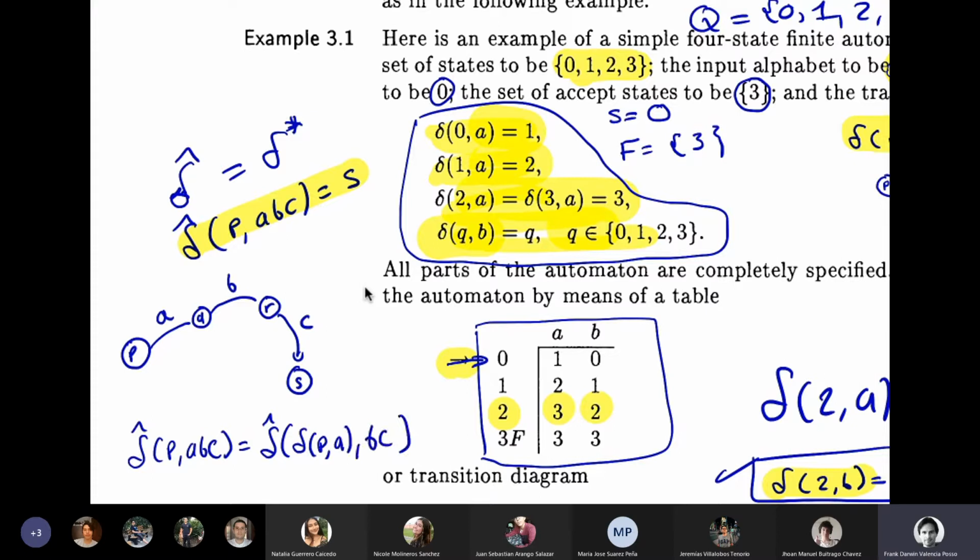That's what he did, right? Now, this part tells me what the next state is. What's delta of P and A? Juan Esteban, what's delta of P and A there?